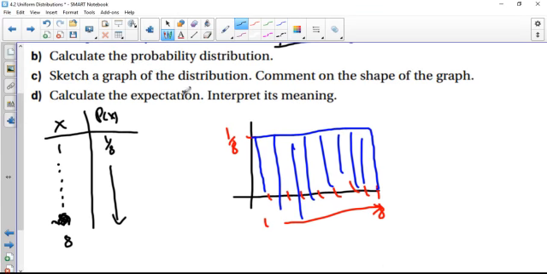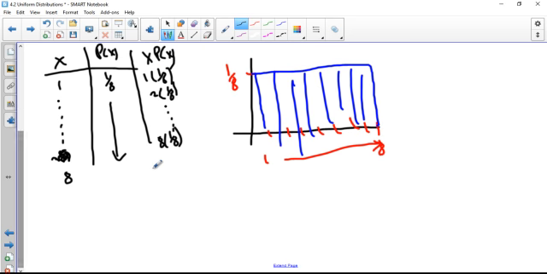So again, on the spreadsheet, you could have another column, x p at x, and you're just multiplying these. So 1 times 1/8, 2 times 1/8, and so on, to 8 times 1/8. And at the bottom, you're just going to do the sum. If you're doing it by pen and paper, I'll write them out here.